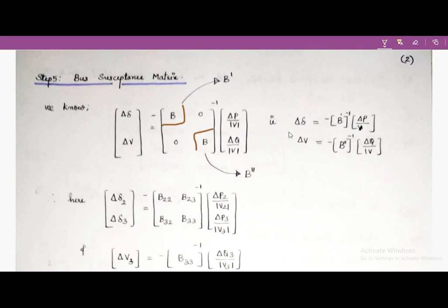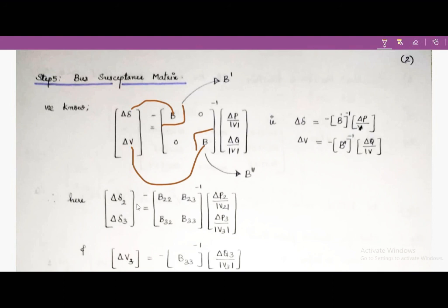So that's it. Now, this B will be represented by B dash and this B will be represented by B double dash. Okay. So this B means the B which is used for calculating delta. This B means the B which is used for calculating delta V. So this is represented by B dash and the other one is represented by B double dash.